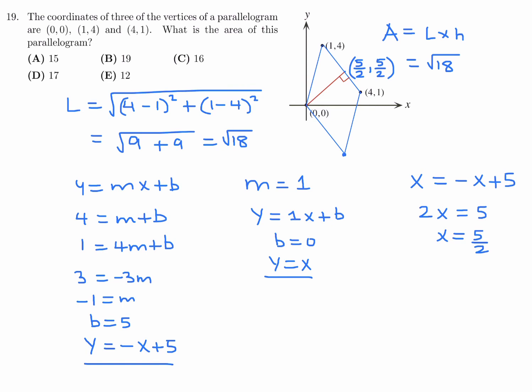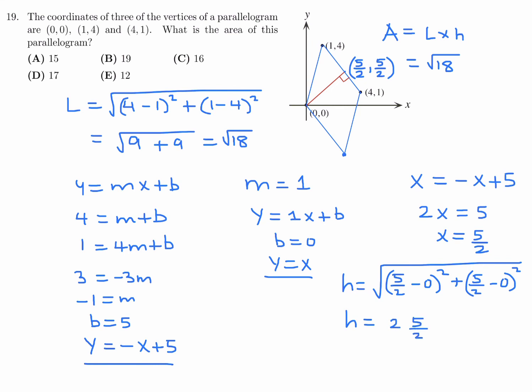And now all I have to do is figure out the distance from there to there. And that's pretty straightforward. 5 over 2 minus 0 squared plus 5 over 2 minus 0 squared, all under the square root, is my h. And that looks like 2 times 5 over 2 squared, all under the square root.